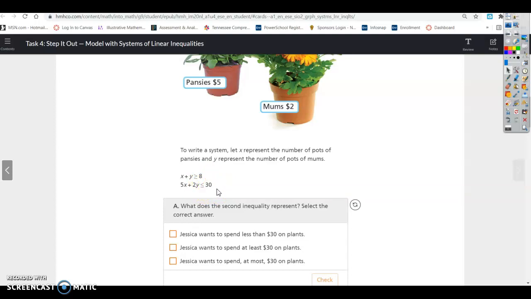All right, it says, what does the second inequality represent? Jessica wants to spend less than 30. Well, less than or equal to. Jessica wants to spend at least, that means 30 or more, so no. Jessica wants to spend at most $30. So at most means less than or equal to $30.